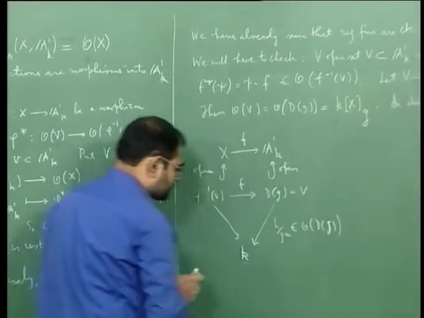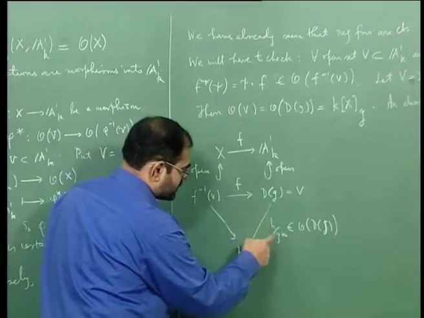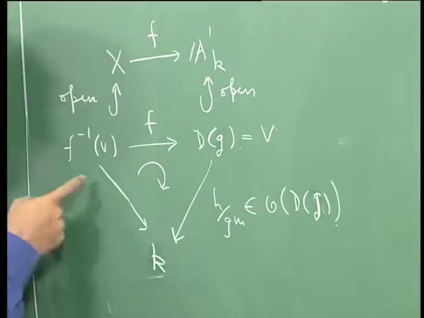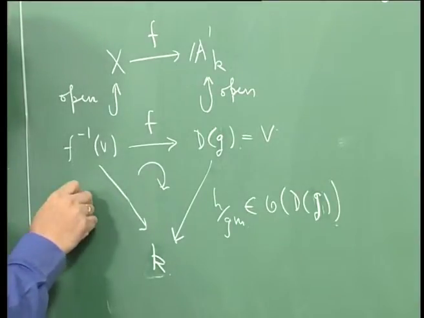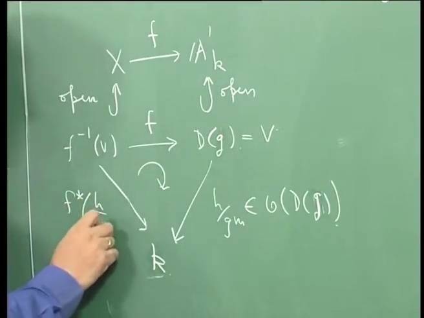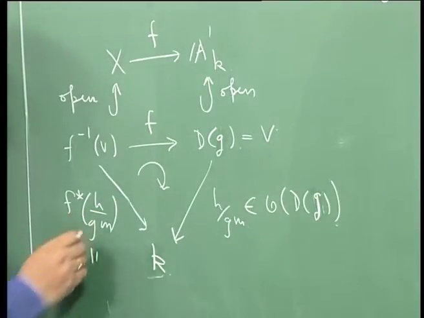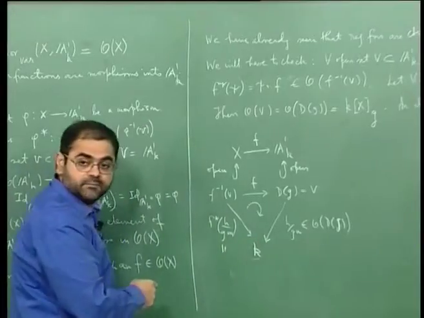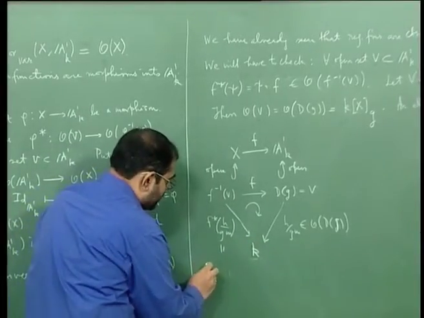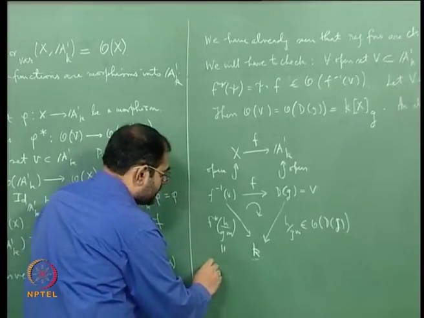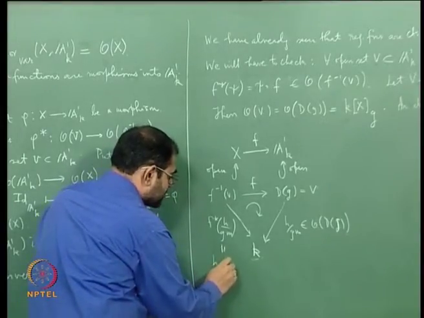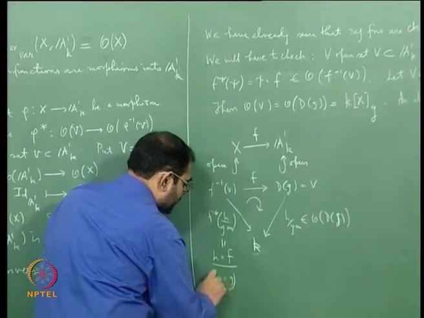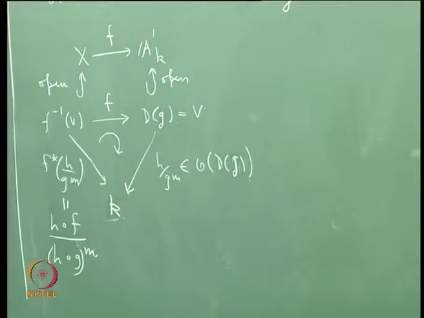So I have h by G to the m, which is a regular function on D(G), and then I compose this to get the pullback function, which is f star of h by G power m. By definition it is first apply f and then apply h by G power m.